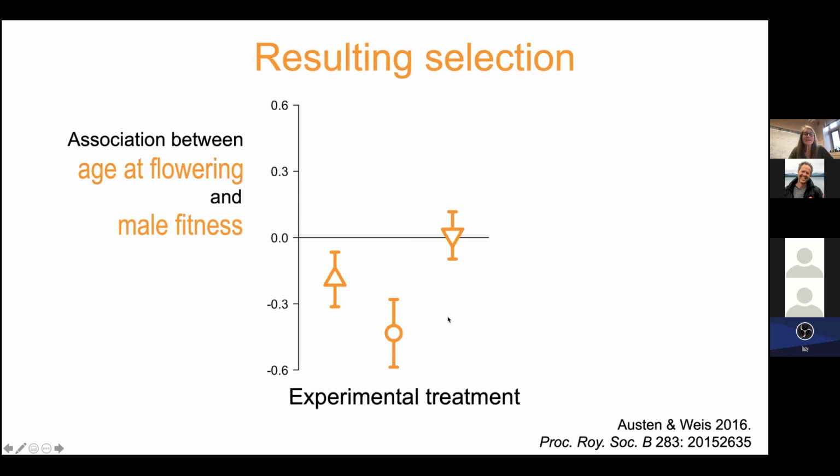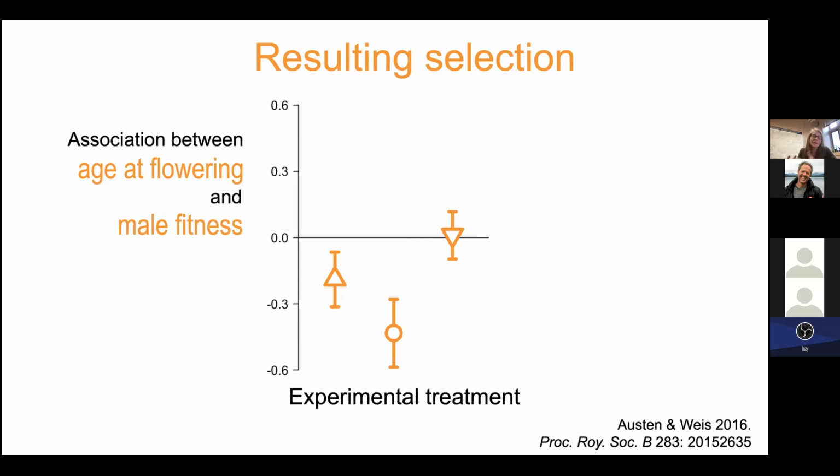Instead, what I found was that in 2 of the 3 populations, there was strong selection for a young age at flowering onset. And that selection was particularly strong in the uncorrelated treatment, where age at flowering had no association with whether a plant was early or late. So what that was telling me was that there was something else about being a young age at flowering and an old age at flowering that was affecting an individual's male fitness.